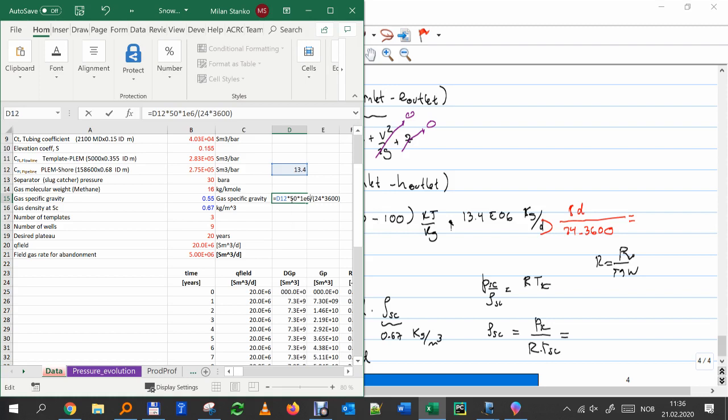The 50 is the delta of the enthalpy, that's the rate in kilograms per day, and that's the conversion factor to change from days to seconds. And I get 7,754. Is that correct?